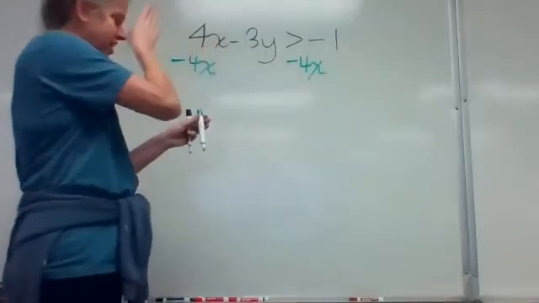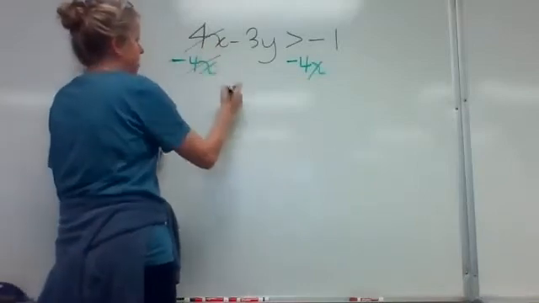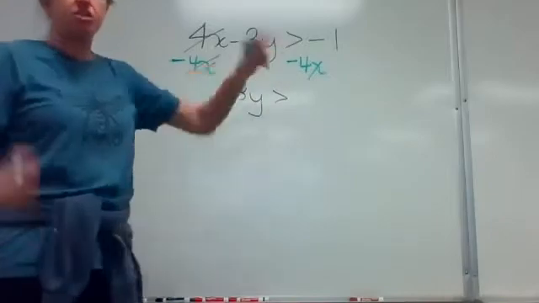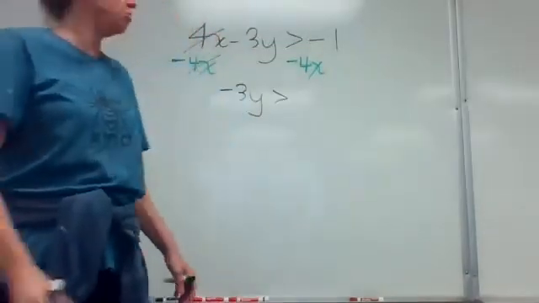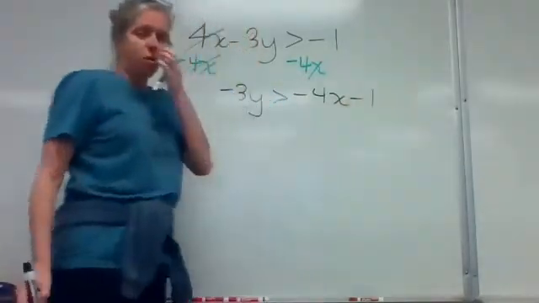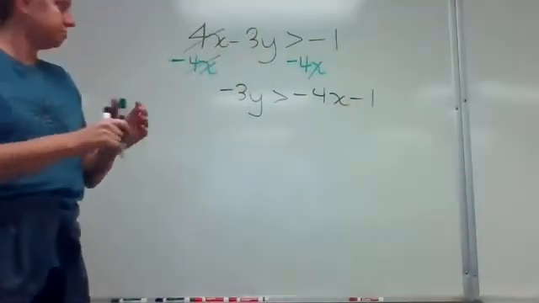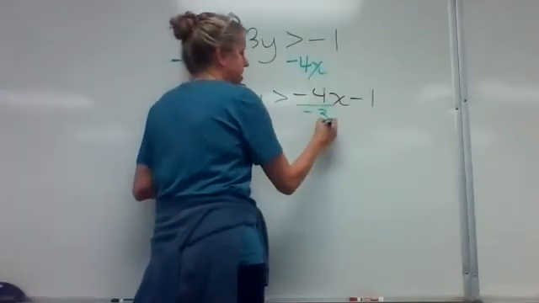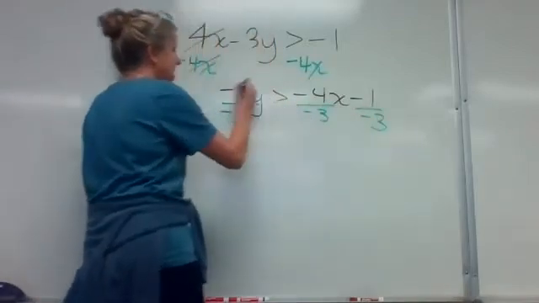So when I subtract the 4x from both sides, on the left, I'm left with -3y is greater than, these two terms are just going to come down next to each other. You can't put them together. They're not like terms. So -4x minus 1. Then you're going to divide both sides, everybody by -3 to get the y by itself.